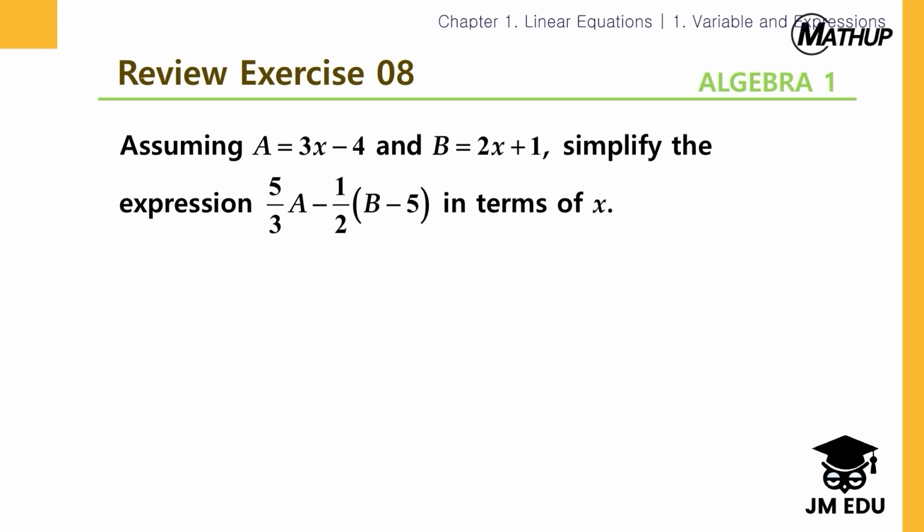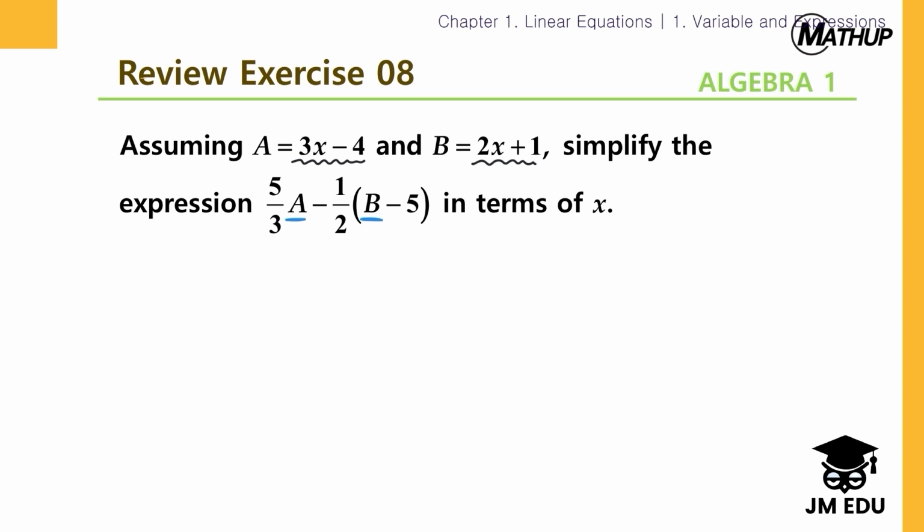So let's try this. So we have expression A is equal to 3x minus 4. So I'm going to substitute 3x minus 4 for A here. Okay, the expression B is 2x plus 1. So substitute 2x plus 1 for B right here.